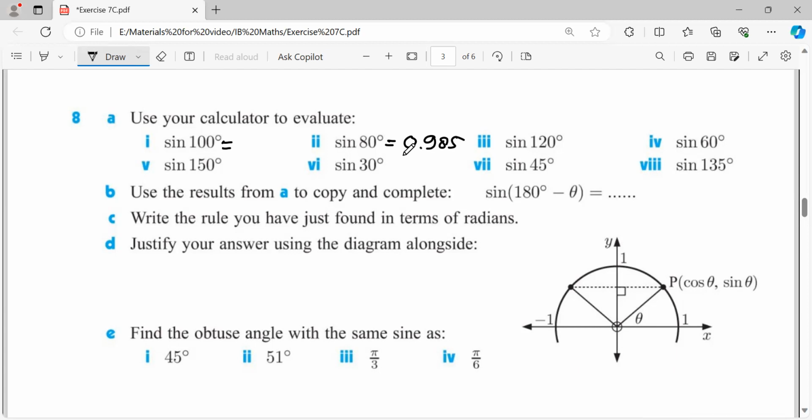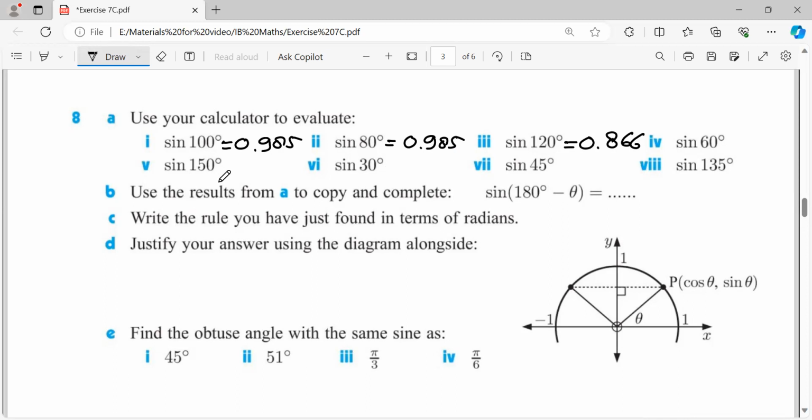And sine 120 is 0.866. Sine 100 is 0.985.